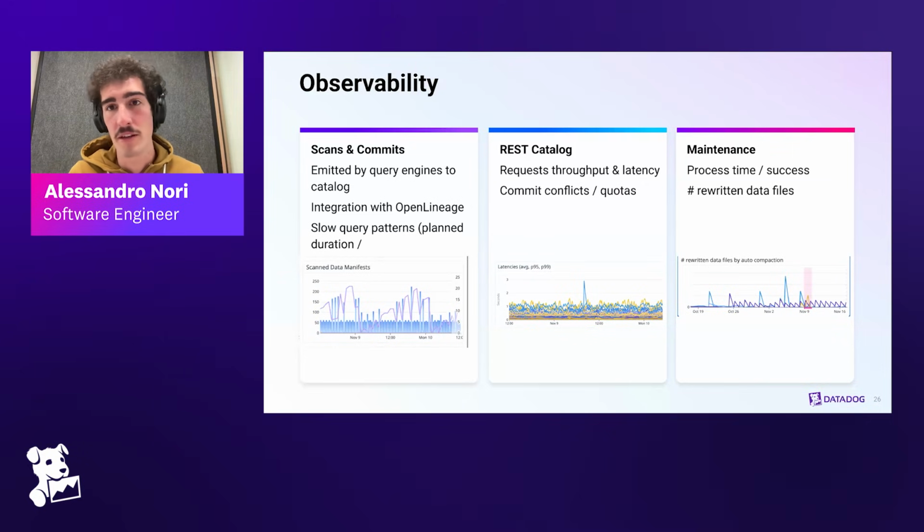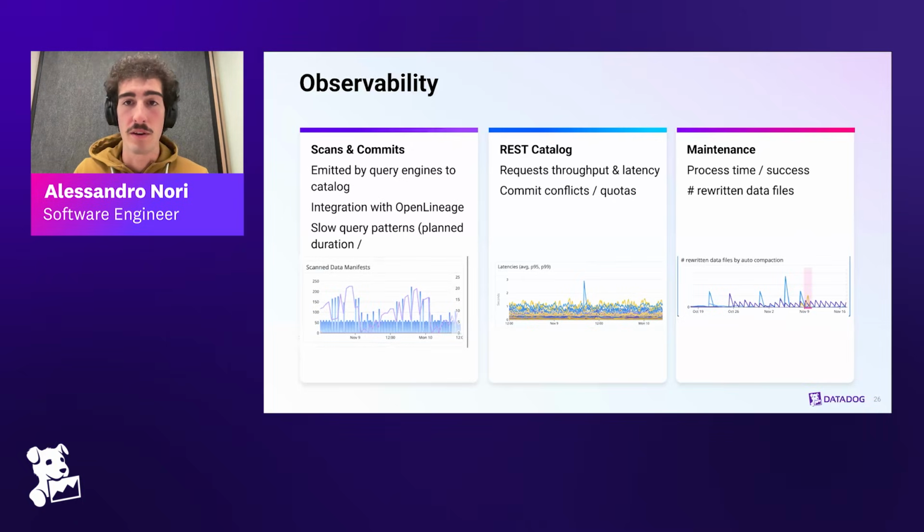There is a metrics reporter API that sends certain metrics to the REST catalog, and then we send these reports using OpenLineage to the Datadog backend, and we monitor things like the number of scanned files, the bytes that we read, also the duration of planning and so on, like all the metrics that you can find in the metrics reporter API.